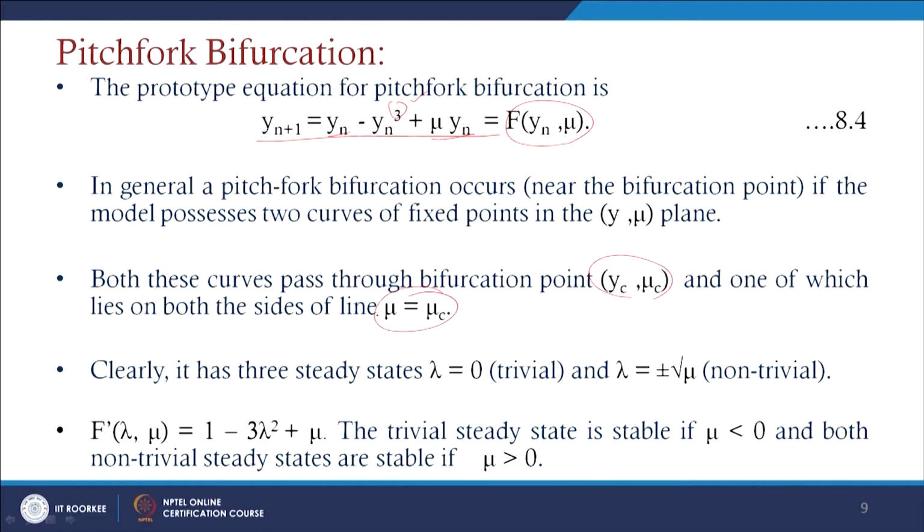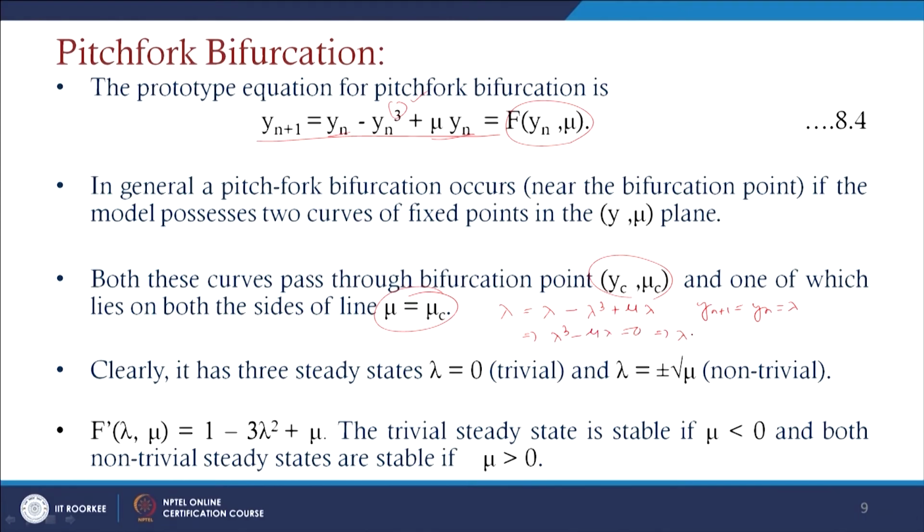Clearly, we will have the steady states in the form lambda equals lambda minus lambda cubed plus mu lambda here, since we are replacing y n plus 1 and y n by lambda. This implies that lambda cubed minus mu lambda equals 0.